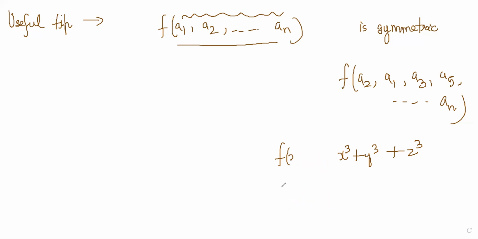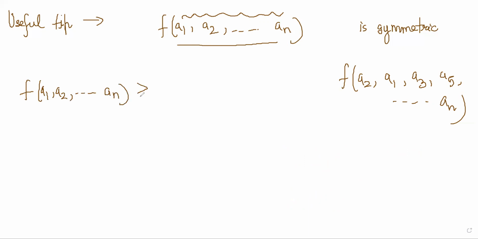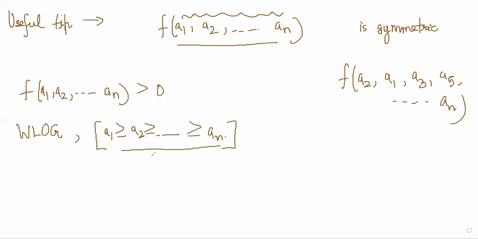So if you have a symmetric function and you have to somehow prove that f of a1, a2, till an is greater than 0, then you can assume without loss of generality that a1 is greater than a2 is greater than so on, greater than an. You can assume this without any loss of generality, because ultimately the choice of the labels doesn't matter, right? Permuting the labels will keep the function the same.